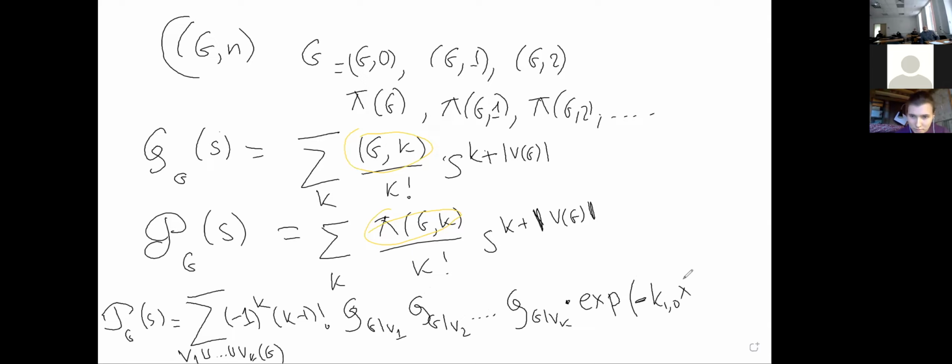If X is a very simple thing, this is just a graph, or it's just one vertex.